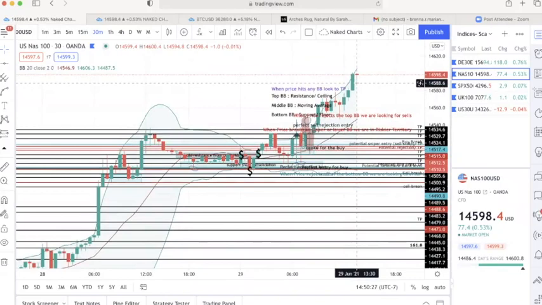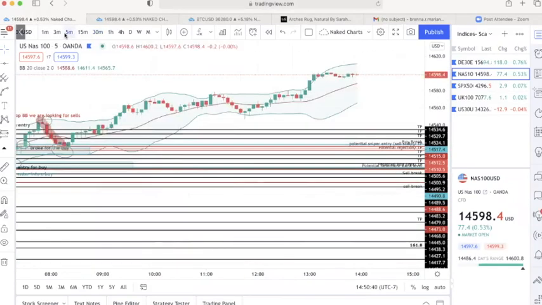You don't know if it's going to continue to the upside or to the downside, because the trends stay along one side of the Bollinger Band longer on the higher time frames. On the lower time frames, they bounce between the Bollinger Bands more often. So that's why we use the lower time frames when using Bollinger Bands and scalping.